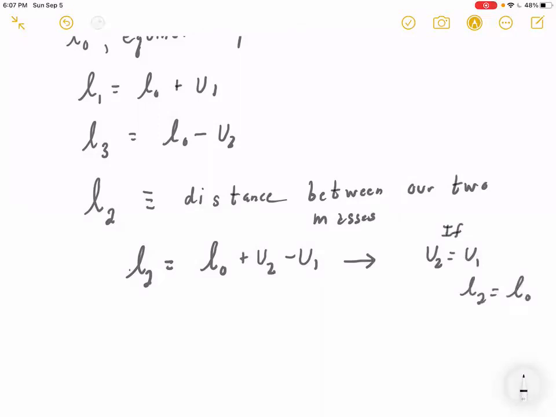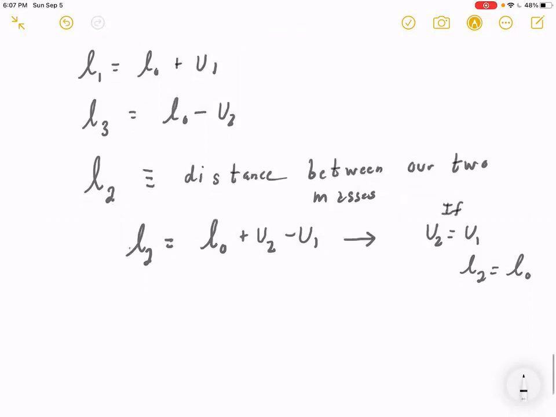If you pull on the second mass by a displacement U sub 2, and then you pull on the first mass by a displacement U sub 1, and those are the same, the net effect is not to stretch the spring at all. It falls to the limiting case that L sub 2 is just L naught.